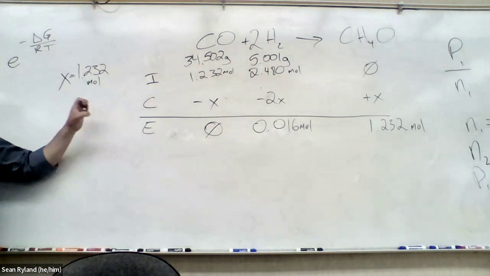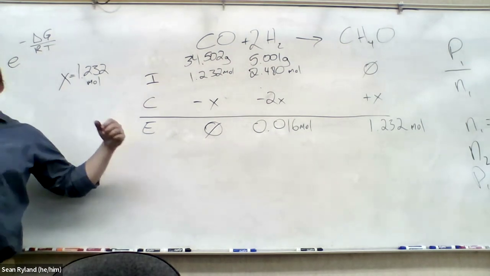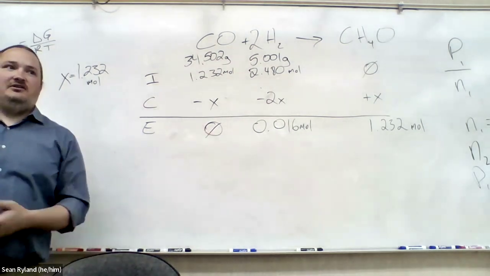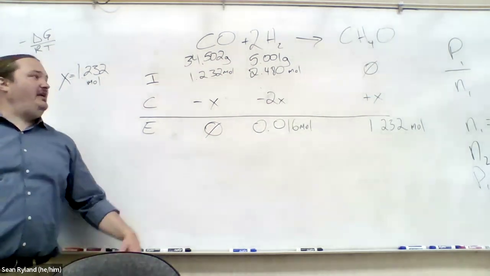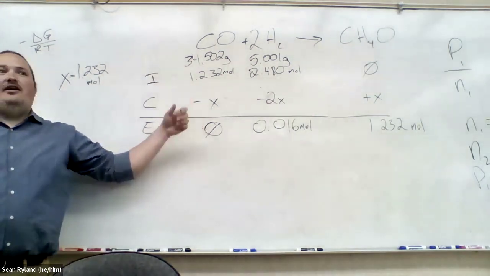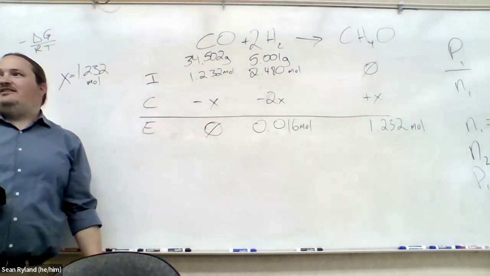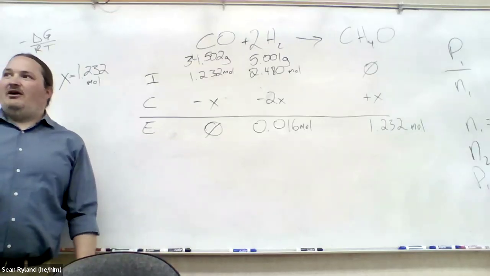You can always use an ICE table for a stoichiometry problem. But remember, most of our stoichiometry problems, we mostly cared about one product or how much excess was left over. If we only really care about one of these concentrations at the end, it doesn't always make sense to write an ICE table, because why bother if we don't care about those numbers?